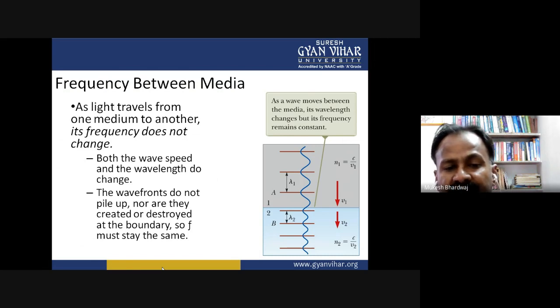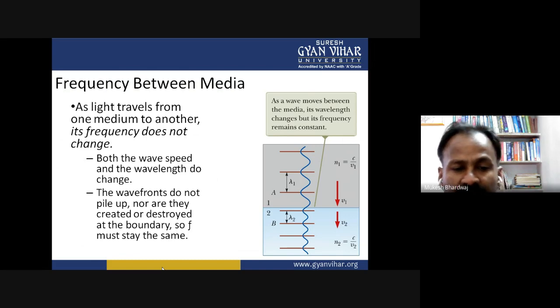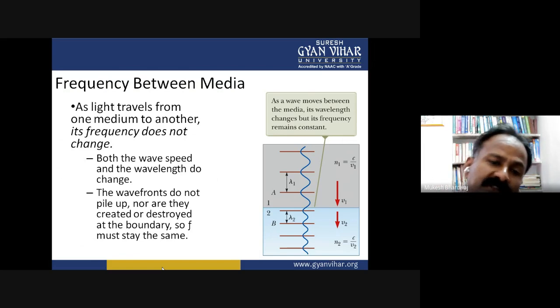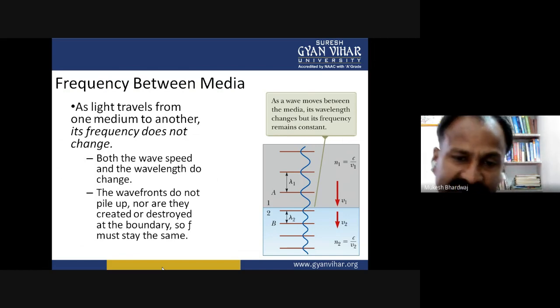Therefore, the refractive index of the medium n equals c by v. This is the Maxwell formula for refractive index, and we had seen the refractive index of some substances in a slide before.